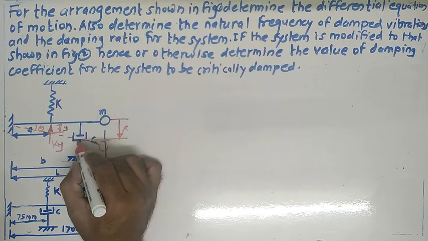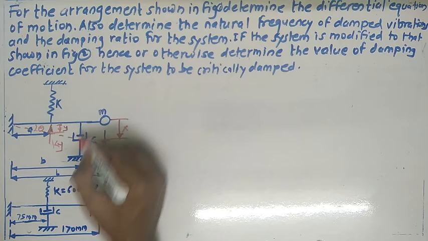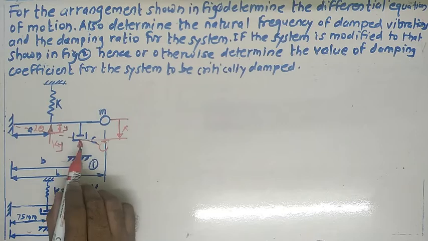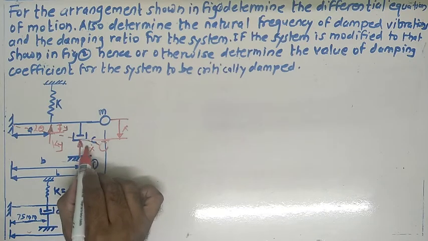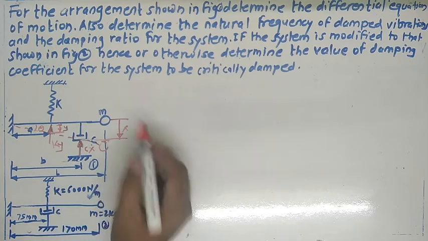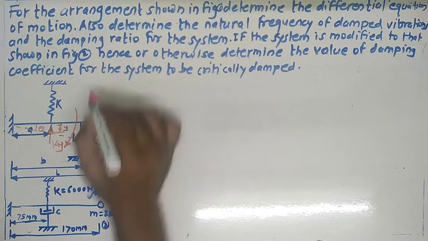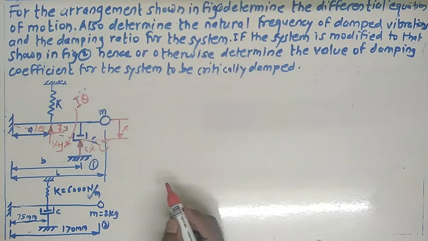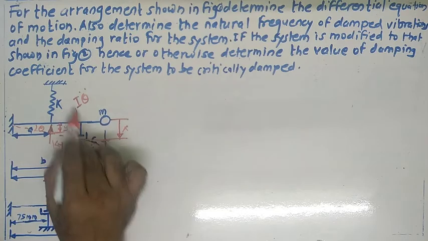The whole system moves in the downward direction, so the force in the upward direction is c multiplied by x dot. What about the accelerating force? As per our discussion during the first topic, the accelerating force comes in the direction of motion of the system, so it comes in the direction of motion of this pendulum.